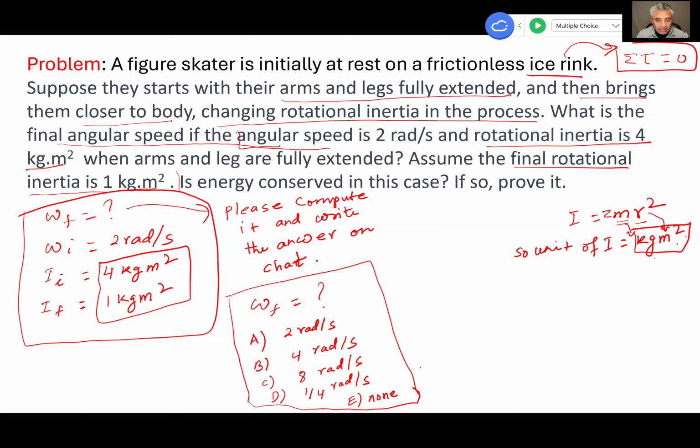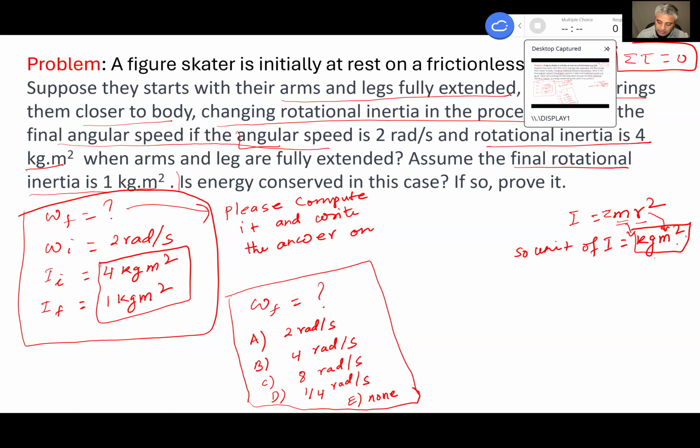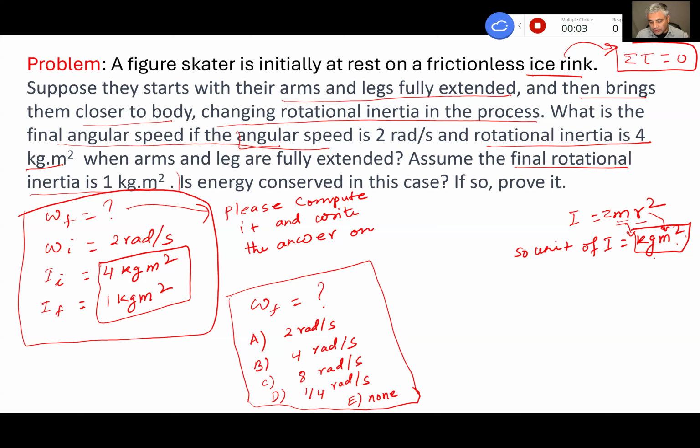Okay, so I made a clicker question. So rather than typing on the chat, you can wait until I open the clicker. So now you have 1 minute and 30 seconds to answer this question.